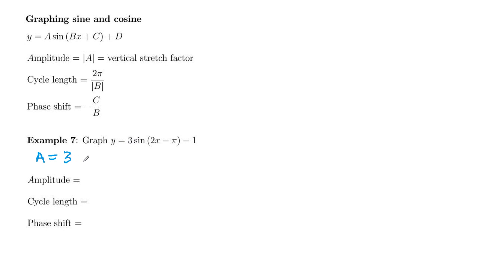So this is going to be the sine graph with a vertical stretch of 3. Our B is 2. So that's telling us that there's 2 cycles inside of 0 to 2 pi. And then C is going to be negative pi. And then D, which is our up-down shift, is negative 1.